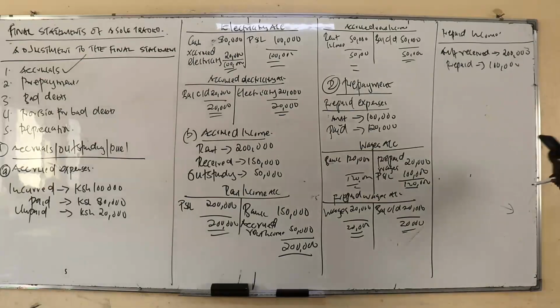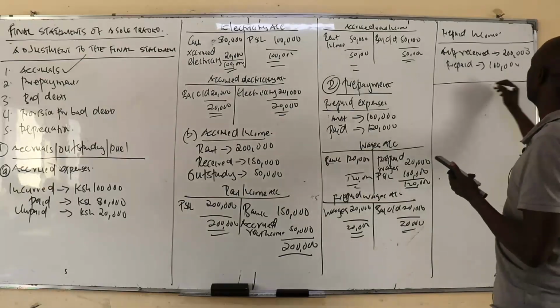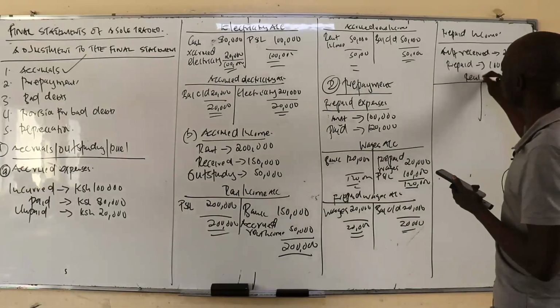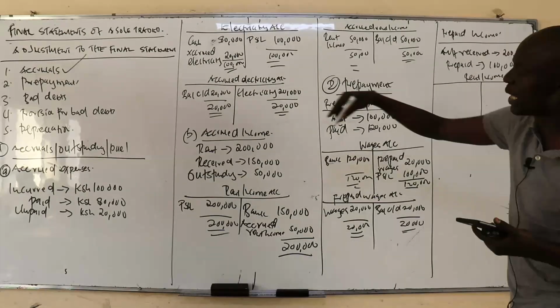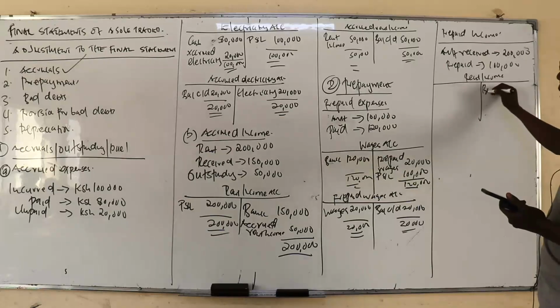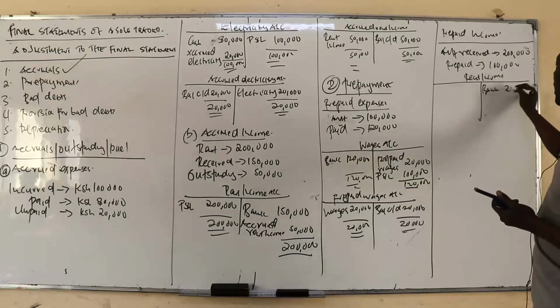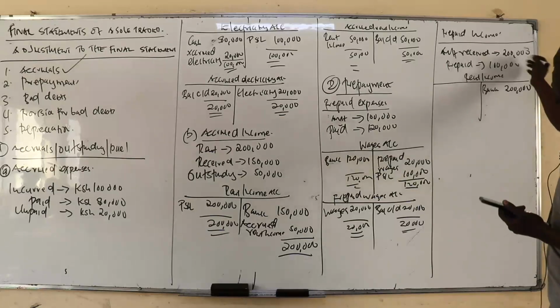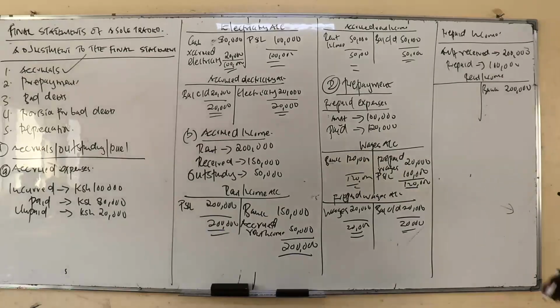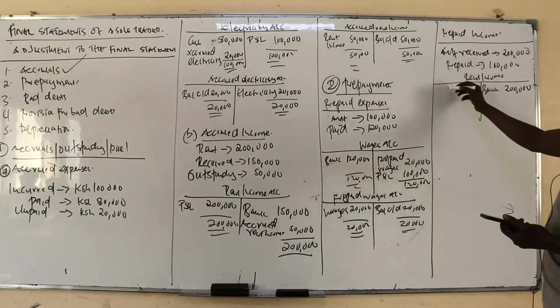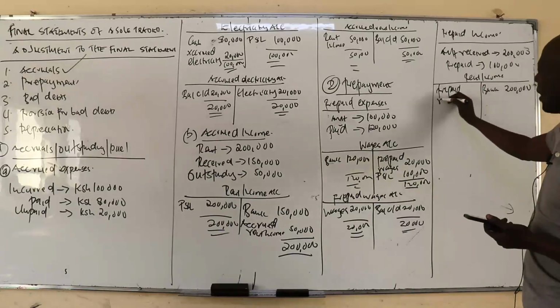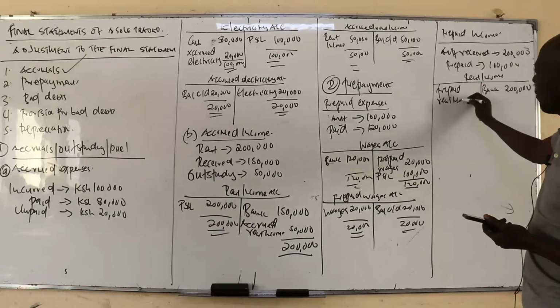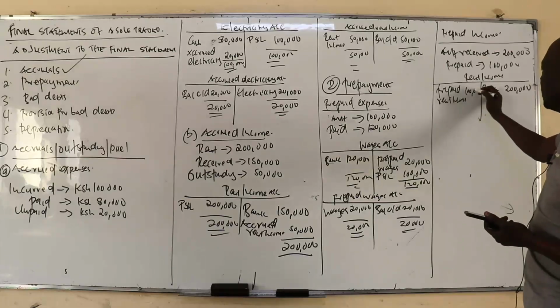So we're going to open the rent income account. So we write here rent income. When you receive rent income, you debit bank and you credit this one. So you write here bank, 200,000, the total 200,000. But we know 100,000 is not for the current period. So you write here prepaid rent income, 100,000.